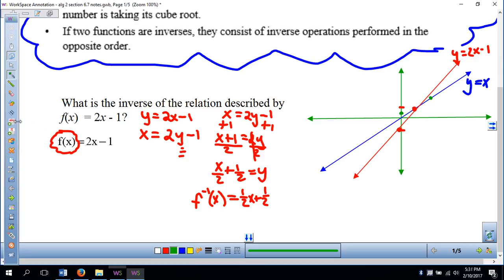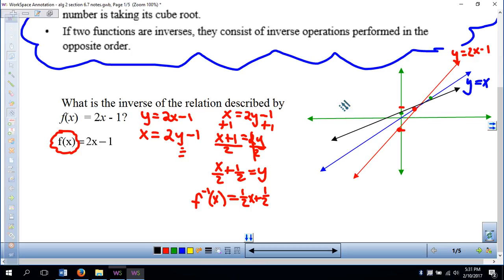And now we'll draw a line through those 2 points. We'll do it in black so we can see it. Best we can. And there is our graph of the inverse function.